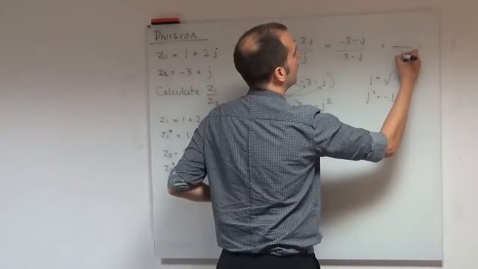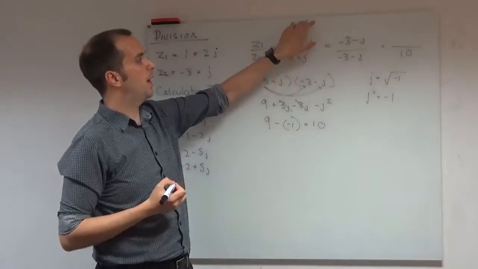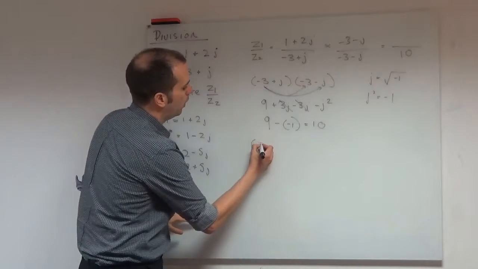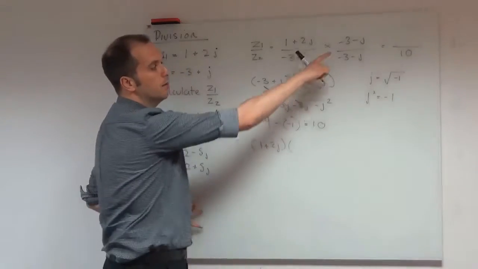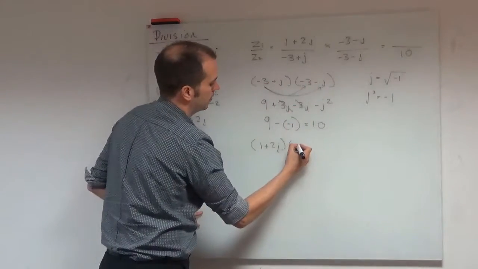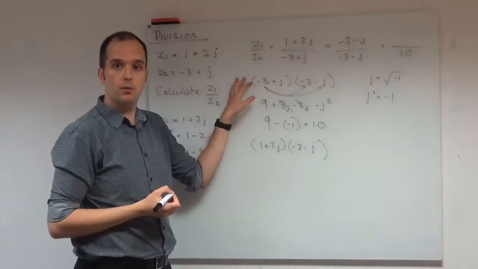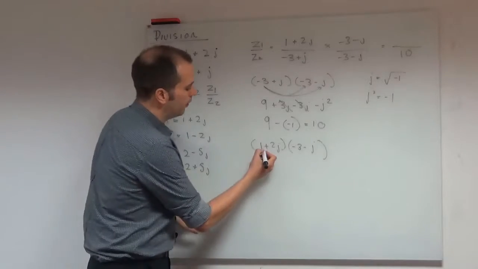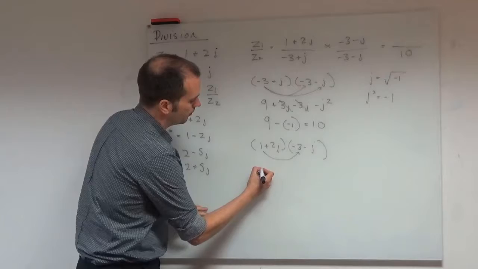So all over 10. Now we need to multiply out our numerator. So we're going to have 1 plus 2j multiplying by minus 3 minus j. As we did before, we only need to multiply out the two brackets. So let's see what we get. We're going to have 1 times minus 3, so that's minus 3.